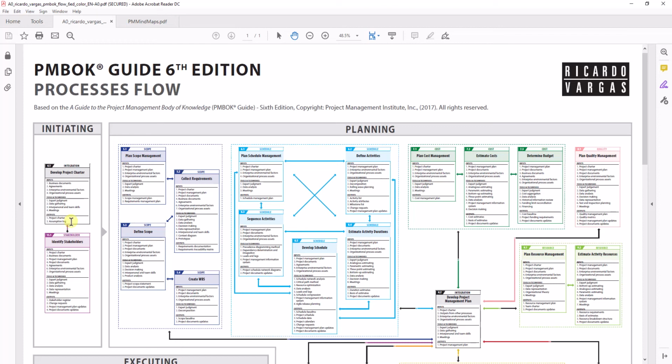Though we are not going to discuss inputs and outputs, mainly tools and techniques, the same sequence would be really good. I hope this is a better way for you to put in context the various processes. Let's start with, for example, the initiating. So stop me wherever you have questions or you want to share opinions.